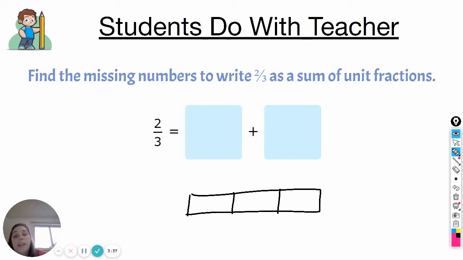And this problem is saying that we have 2 of them. So we have 2 shaded. Well, we know unit fraction, each is worth 1 out of 3.